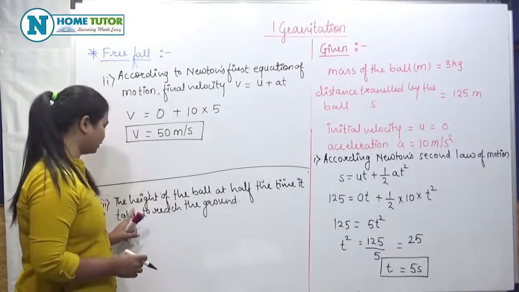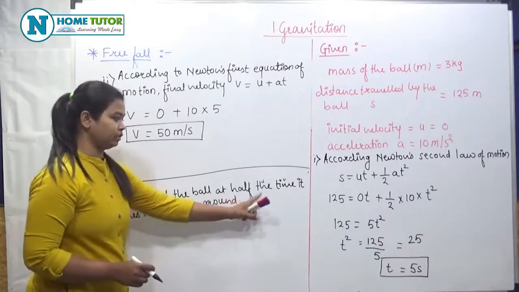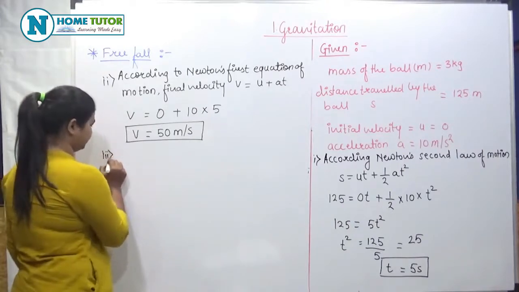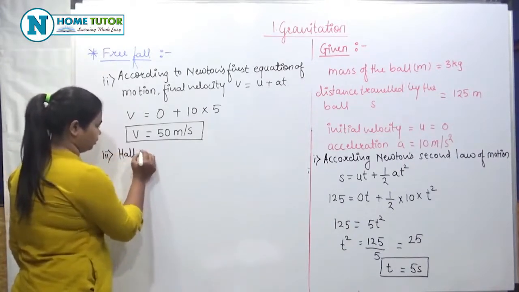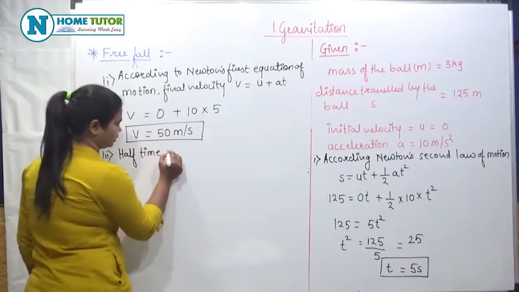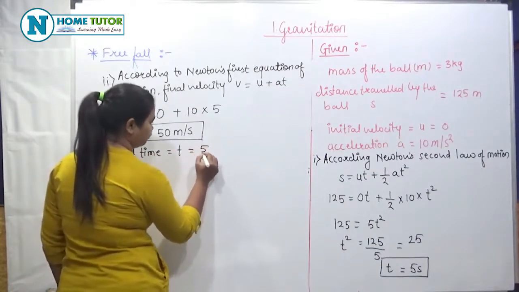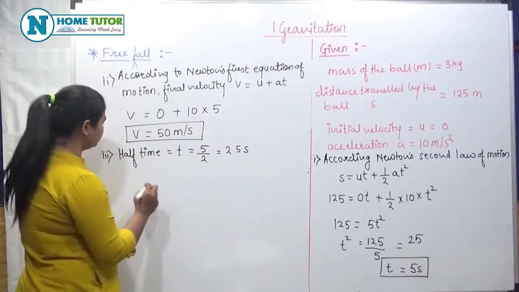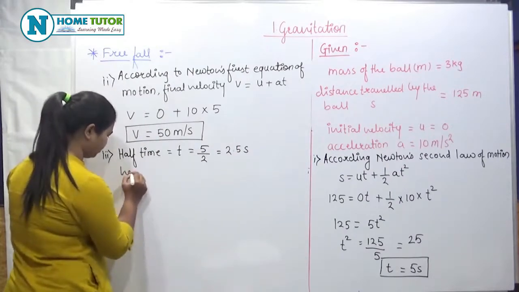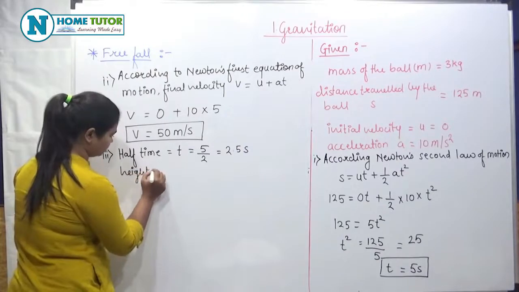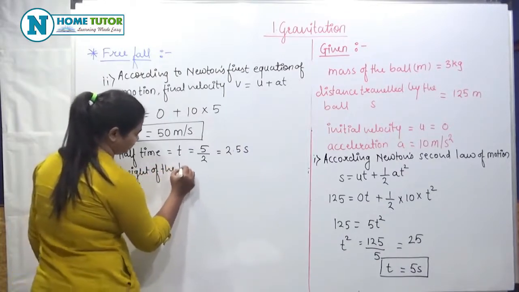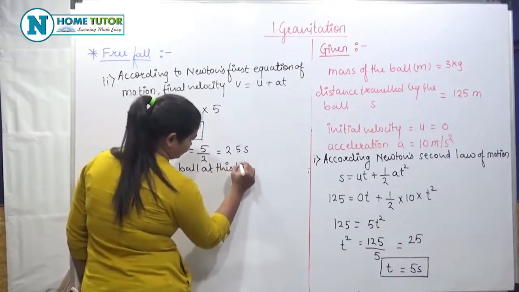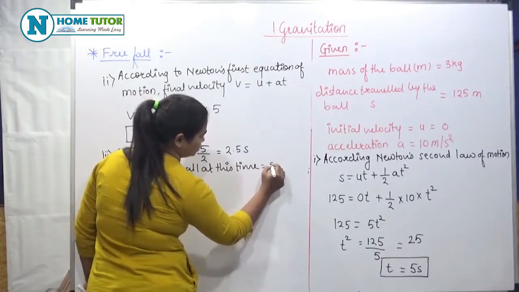And the last, what we have to calculate is the height of the ball at half the time it takes to reach the ground. So half time is t is equal to 5/2 is equal to 2.5 seconds. And the height of the ball at this time is equal to s.